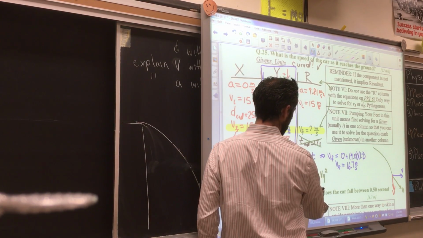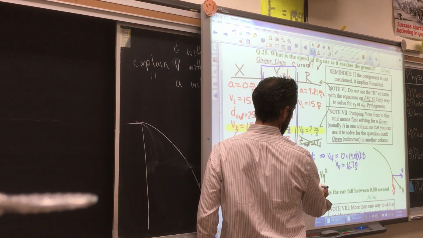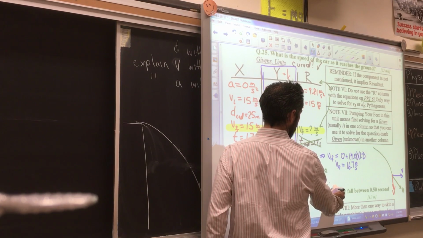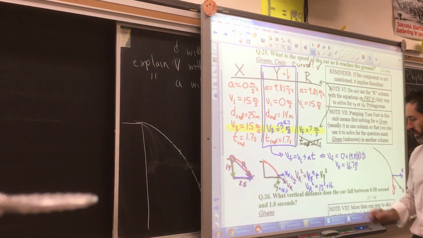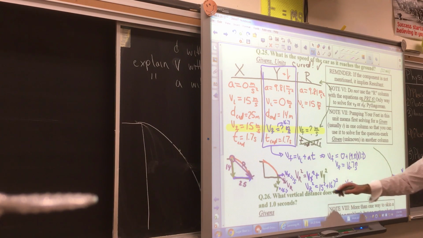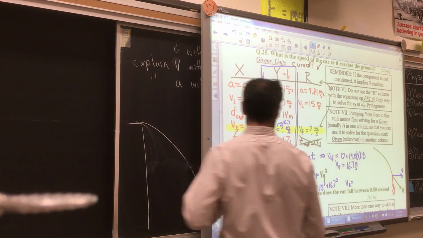Put it all together. Vr squared equals 15 squared plus 16.7 squared. And so for your resultant velocity, you square root the whole thing, and you should get 22 meters per second, roughly speaking. That gives you the resultant final speed.